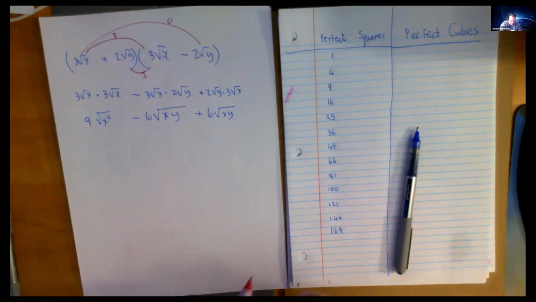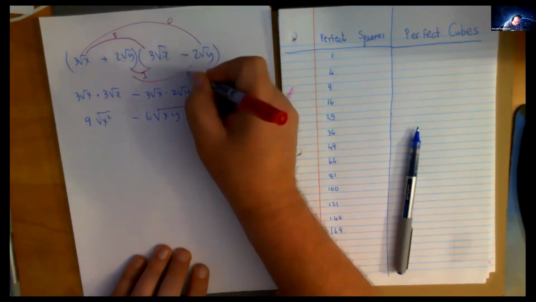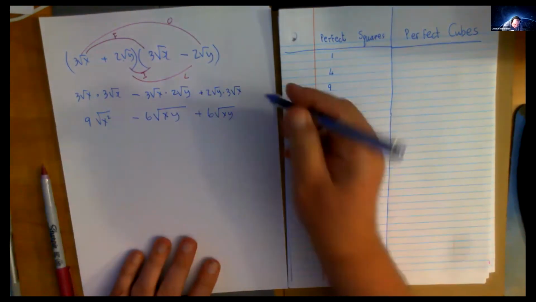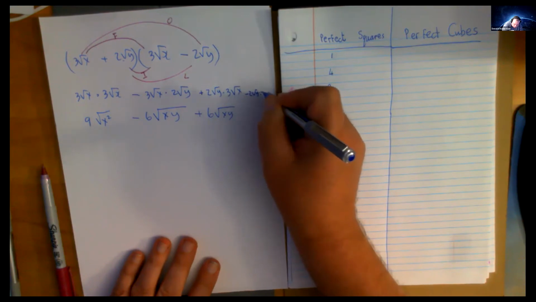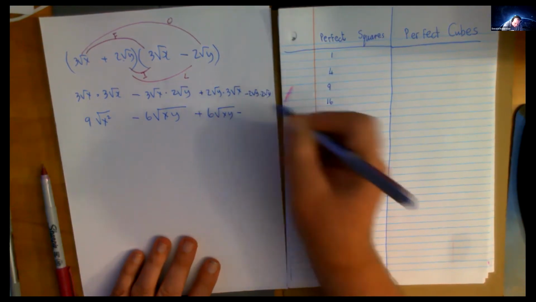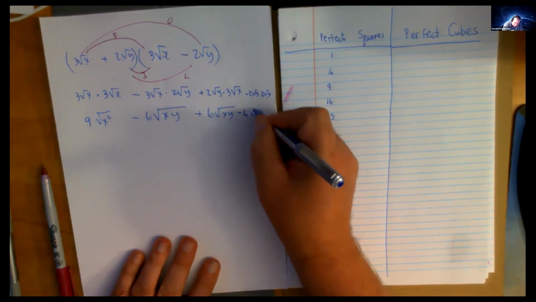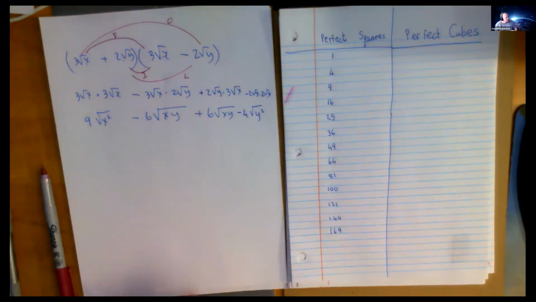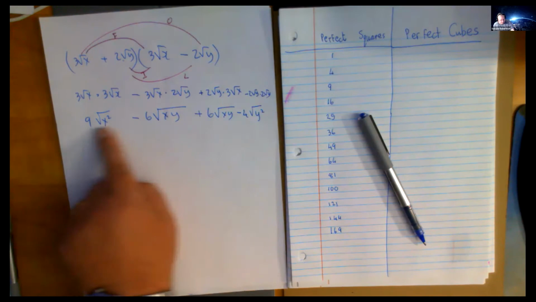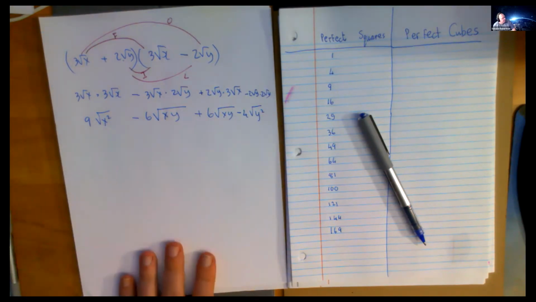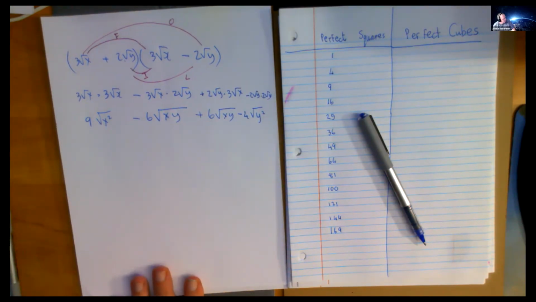Interesting. And then if I do the last, I get negative 2 square root of y times 2 square root of y, negative 4 the square root of y squared. Do you notice anything interesting about two of these terms? They cancel out. They do, don't they?